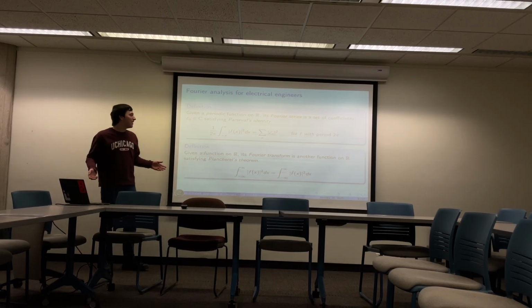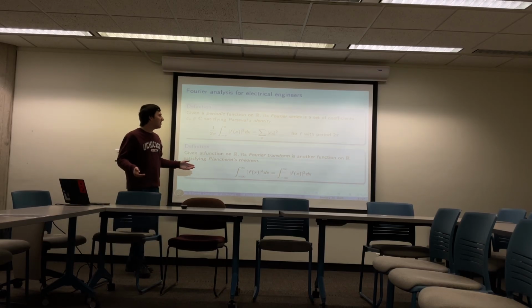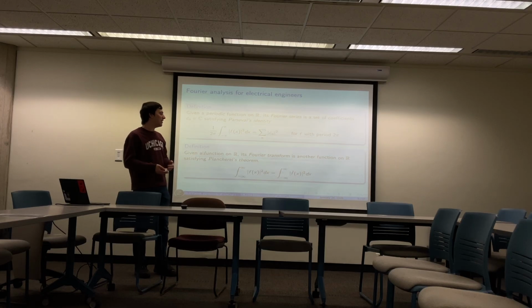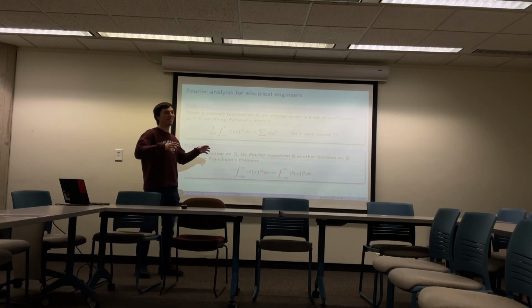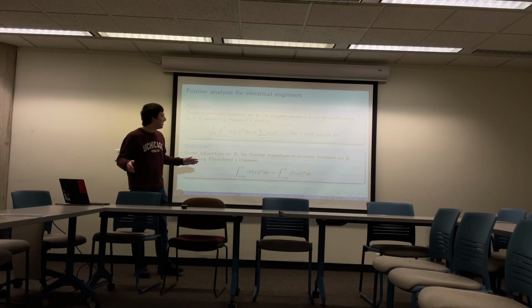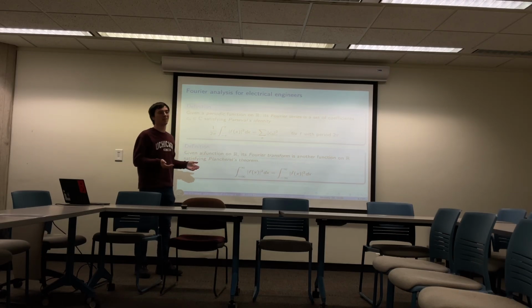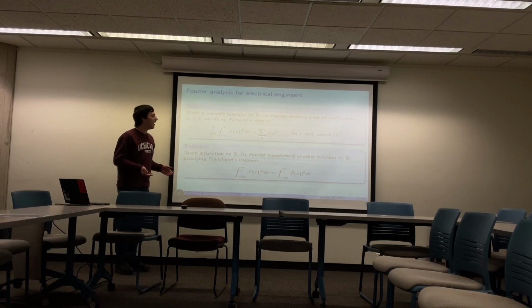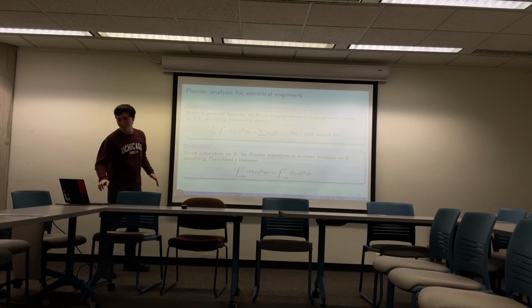But if we have a non-periodic function, then its Fourier transform is this other function on R. So we go, what's this connection between being periodic and discrete and being non-periodic and being continuous? They seem very similar. They look like they should be somewhat related. My question to you is, how exactly are these related?